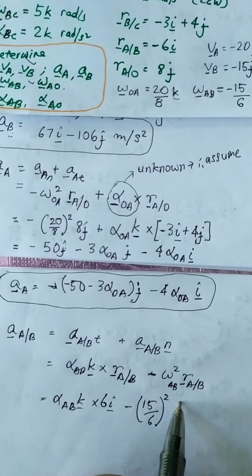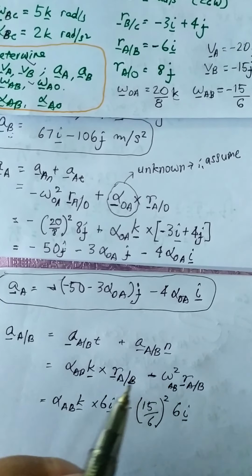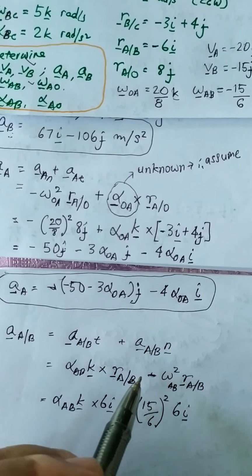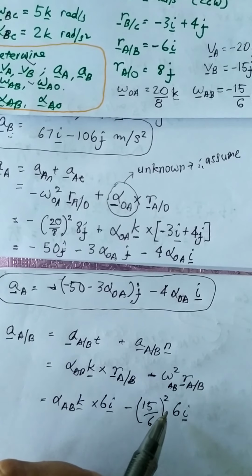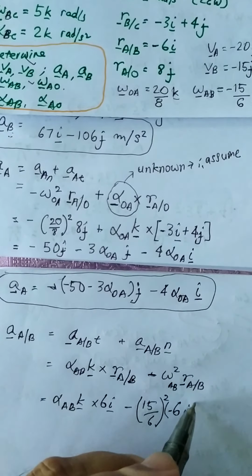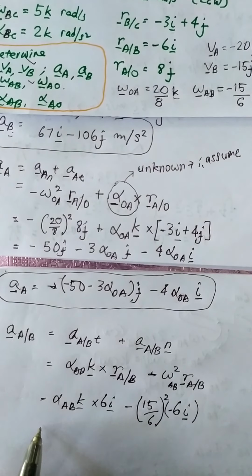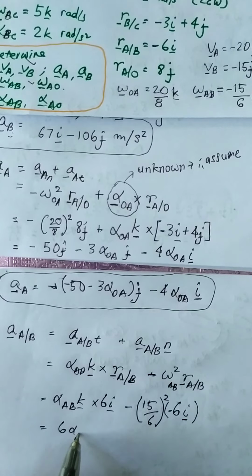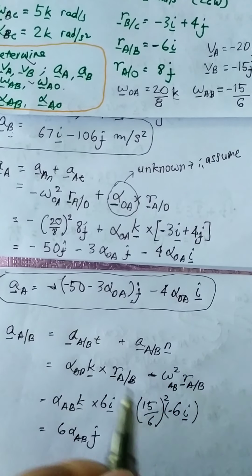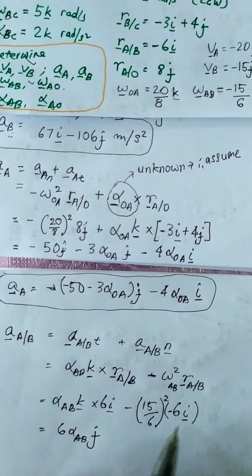So it's minus 6i. Yeah, so negative and negative become positive. So k cross i is j, so 6 alpha AB j. And then 15 over 6 squared is 225 over 36, so plus 225 over 6 i.